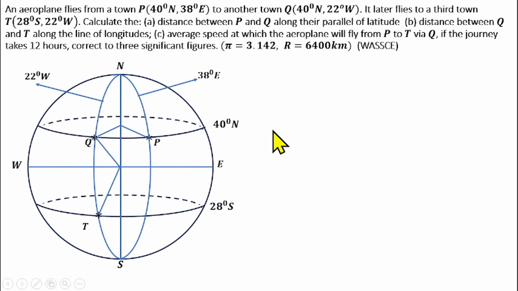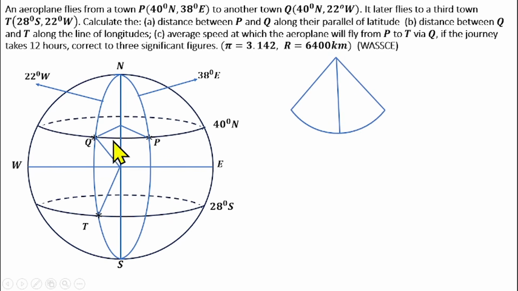Then let's start to find what we are asked to find, one after the other. The first one, you have to find the distance between P and Q, here, along the small circle, which is the parallel of latitude 40 degrees north. Before we do that, we need to get the angular distance between them, which should be 38 plus 22. That gives us 60 degrees. But let's see that in the diagram.